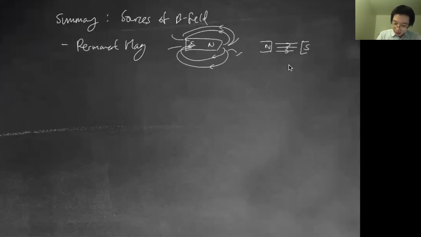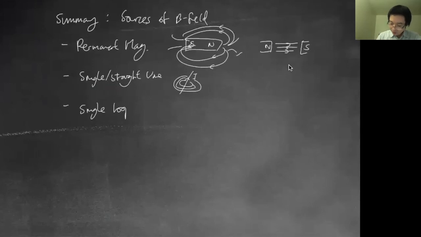And for a single straight wire, if you have current like this, then these are the magnetic fields. And a single loop, you can refer to the previous diagram, which is a little bit better drawn, like this.